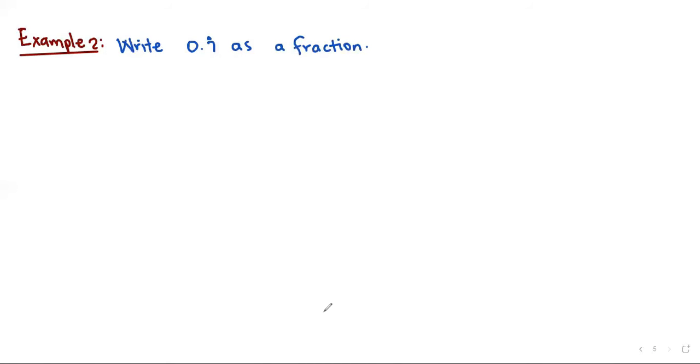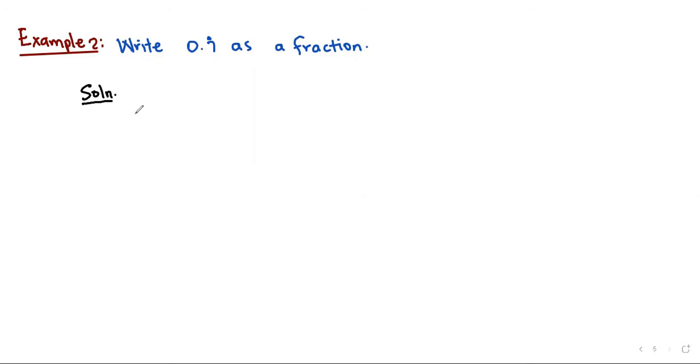Okay, so the method of changing non-zero repeating decimals to fractions is different from that of changing zero repeating decimals to fractions. And this is the way we do it. So let's have the solution.